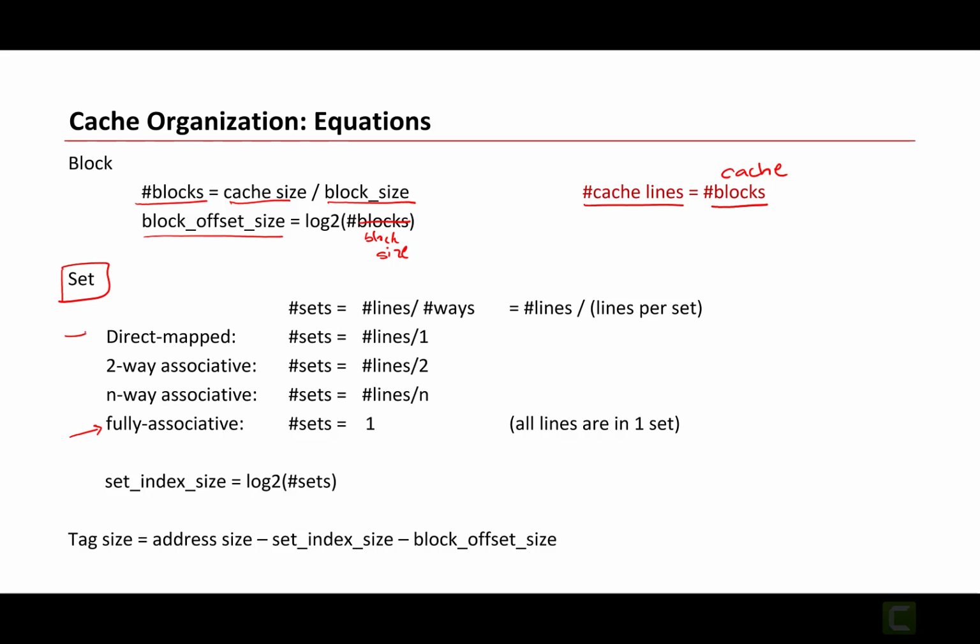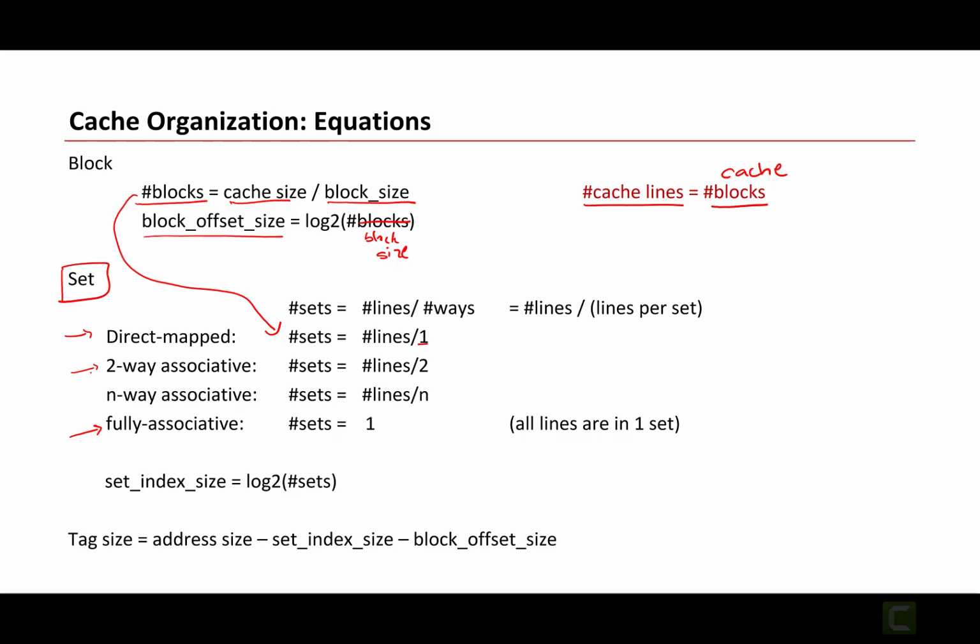At the other extreme, we have the direct mapped cache. Again, it's fairly easy to compute because all you need to do is take the number of blocks, and that is the number of sets, because the number of cache blocks per set is 1. Now let's talk about two-way set associative caches. In this case, the number of cache lines per set is 2.